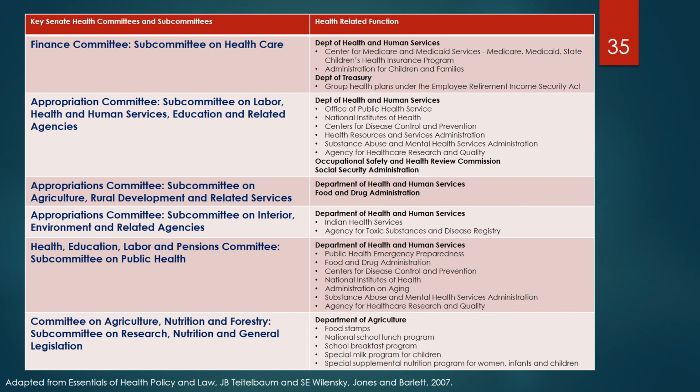The departments cover such programs as Medicare and Medicaid, the Public Health Service, the National Institutes of Health, the Centers for Disease Control and Prevention, Social Security, the Indian Health Service, several food and nutrition support programs, and many more.